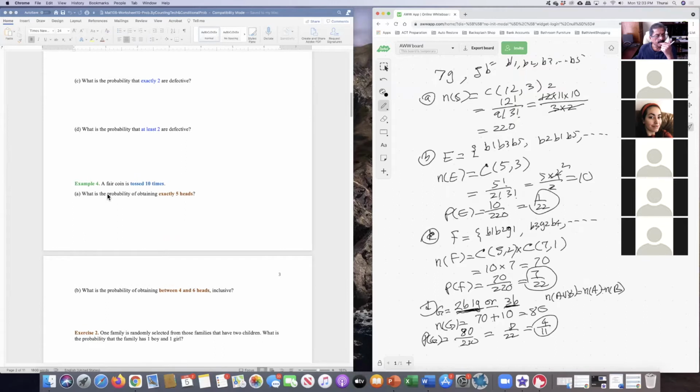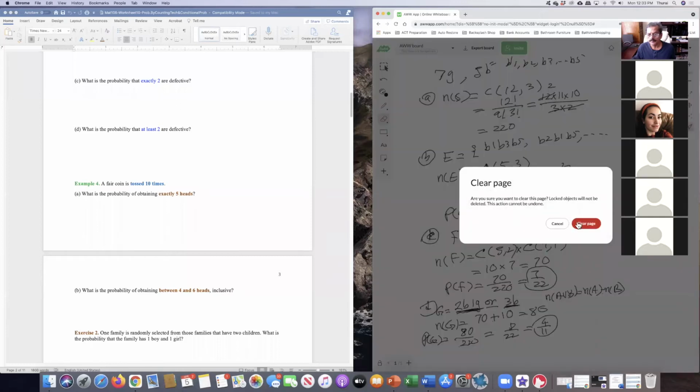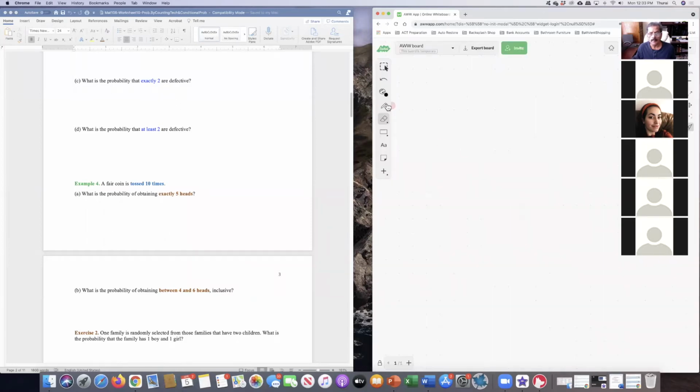Now this problem is like example 4 we did before, but I'm going to do it anyway. Clear this board. A fair coin is tossed 10 times.